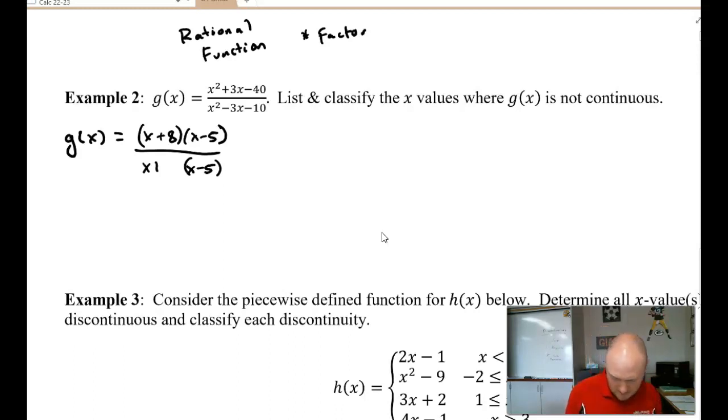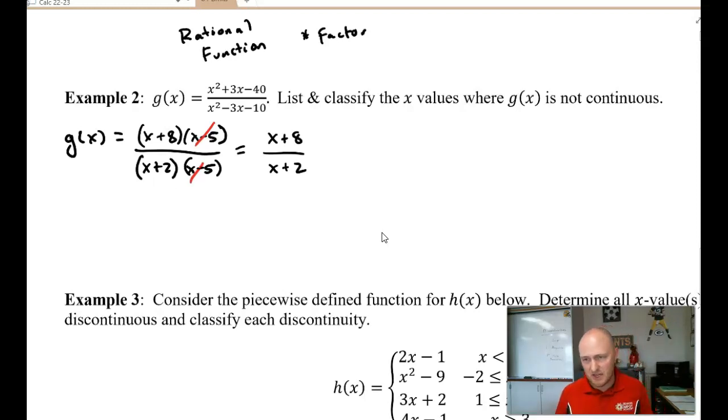Not always, so make sure you factored correctly, which I did here. So I have x minus 5 that cancels. What's that? Yes, that's a hole. Good job. So I have x plus 8 over x plus 2. That's my reduced function.